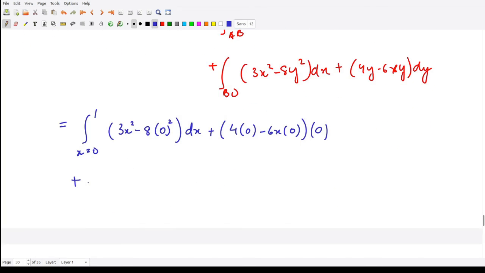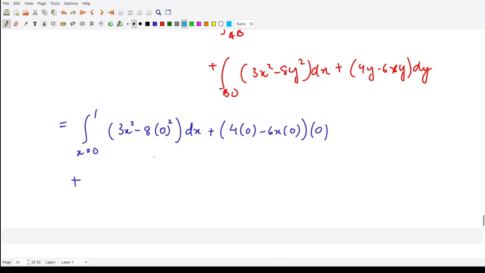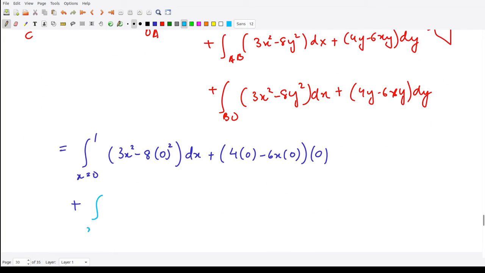For the second case, we have x varying from 1 to 0, and moreover here the value of y is 1 minus x and the value of dy is minus dx. So let's carefully write down these terms. So you have x varying from 1 to 0, the value of y is 1 minus x and the value of dy is minus dx.